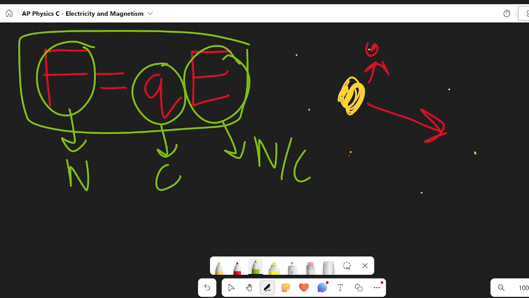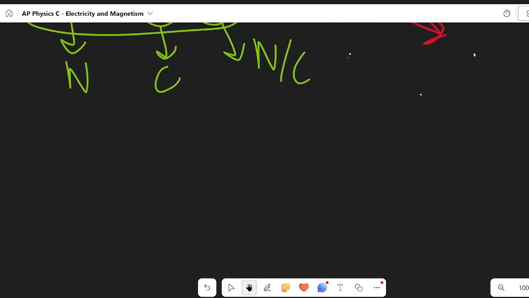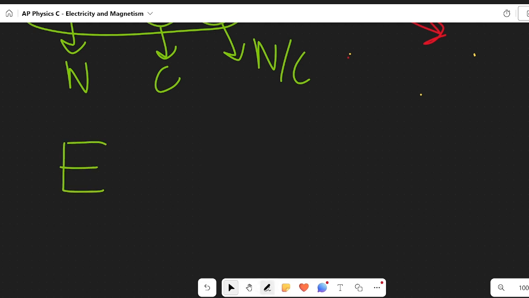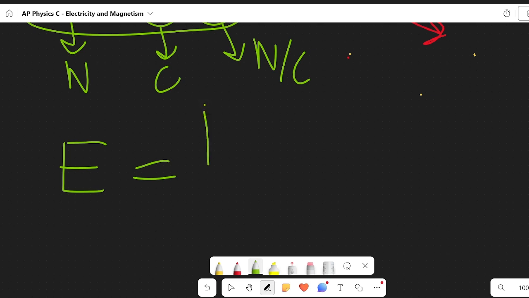So now let's go on to the formula for electric field. It'll actually look pretty similar to what we derived from earlier, where we'll have E. Electric field will essentially be equal to Q1, right? Where our Coulomb's law gave us newtons, this one will give us newtons divided by coulomb.